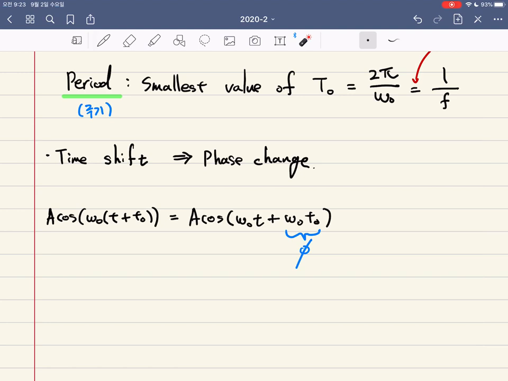And also, can we do the opposite? Like from the phase change, does it also mean the time shift? Exactly. Performing the phase change also means the time shift in a continuous time sinusoidal signal. Eventually, both ways are possible.